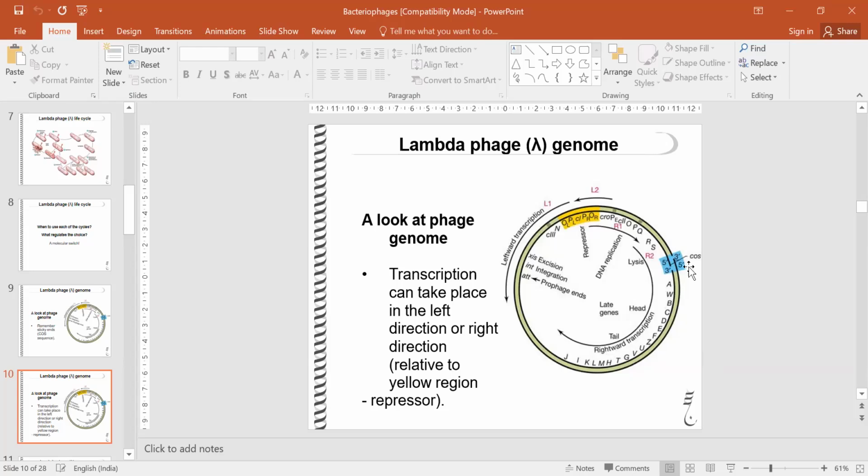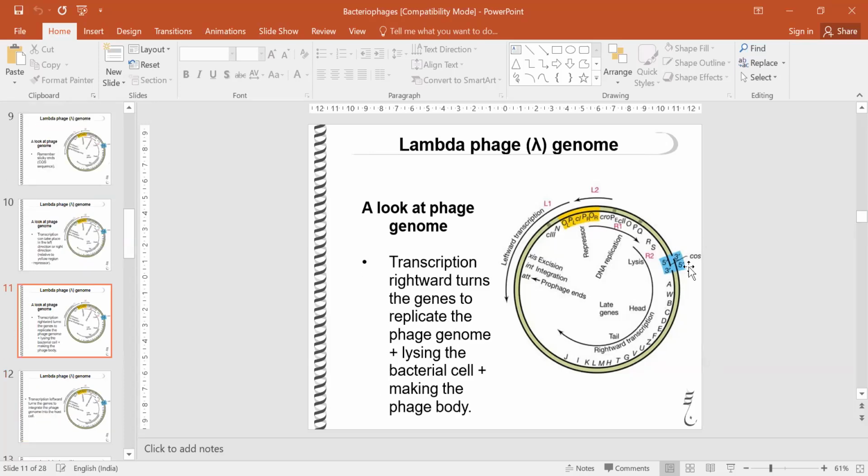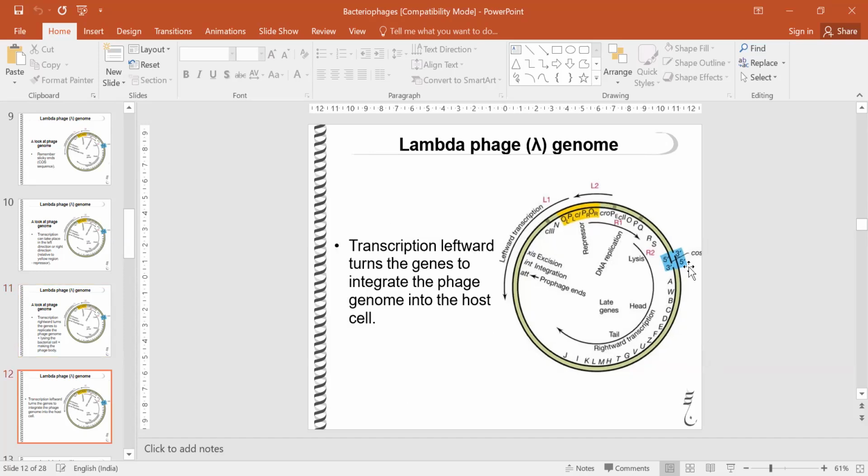PL is one promoter, PR is the other promoter, and each has an operator: OL for the PL promoter, and OR for the PR promoter. And lambda CI is a transcription factor that acts as a repressor. If you look inside, you can see how they are going to follow either the lytic or the lysogenic cycle. So it has control.